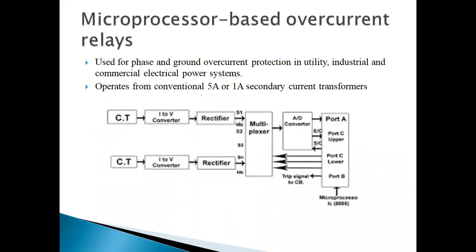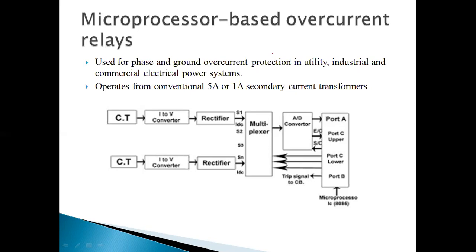The next point is the microprocessor based overcurrent relays. We have seen microprocessor based relays in the last chapter, but here the special application is overcurrent protection.